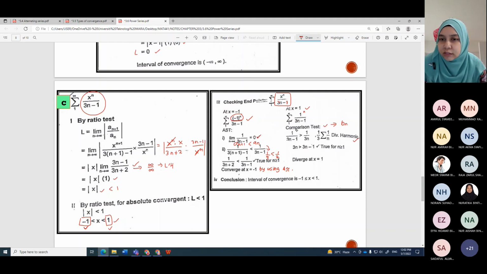So, perlu test yang kedua ni. An greater than Bn. Okay, it is also true. Ini kena masukkan lah kat sini. Also true lah. So, it is diverge. Okay, so diverge kat sini, simbol untuk diverge yang ni lah. Tak ada sama dengan, ataupun boleh tulis in the interval form, akan dapat negative 1 to the close bracket and 1 open bracket.